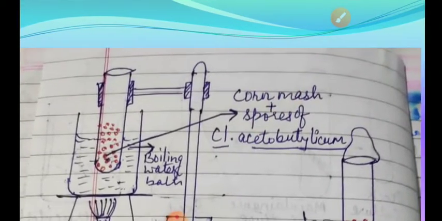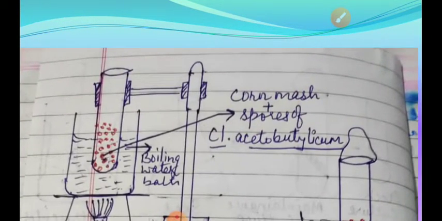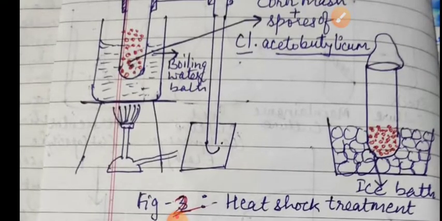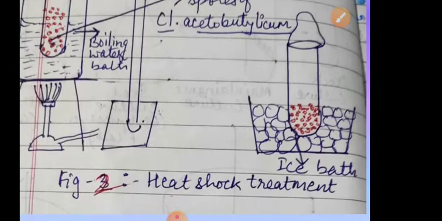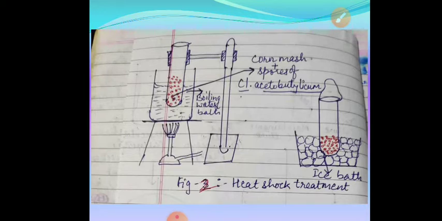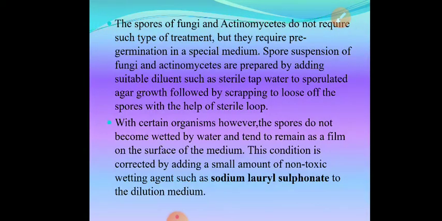You take a corn mash, that means corn medium, and inoculate it with the spores of Clostridium acetobutylicum, and put it in a boiling water bath for 1 to 2 minutes. Then you immediately transfer the tube into an ice bath. So you heat it to boiling and then rapidly cool it. This gives the organism a heat shock, and hence the spore coat loosens and the organism germinates.